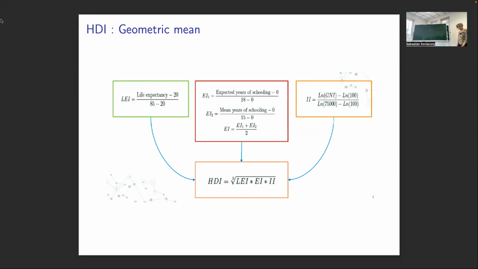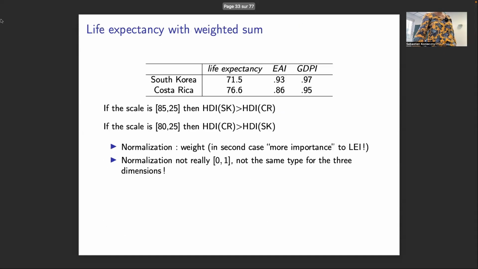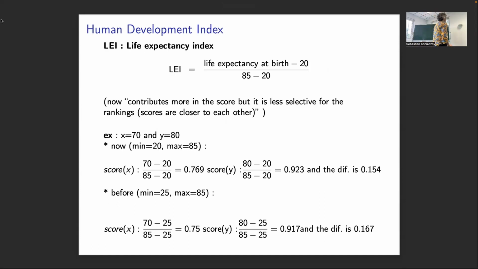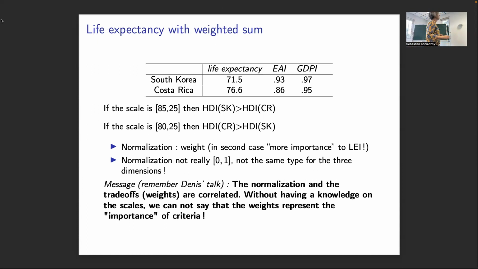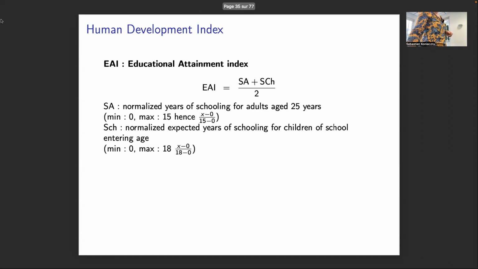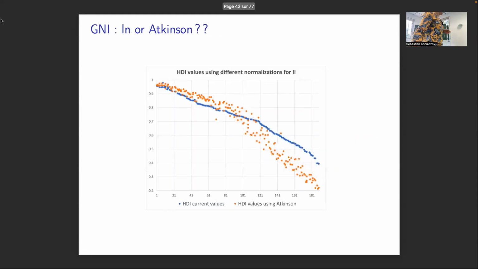Okay, so the first thing that we saw during the first talk is that even though they said that they don't have different weights for these 3 attributes, that these 3 attributes have the same importance for them, we realize that the normalization can also say something about the importance that we give to the attributes.